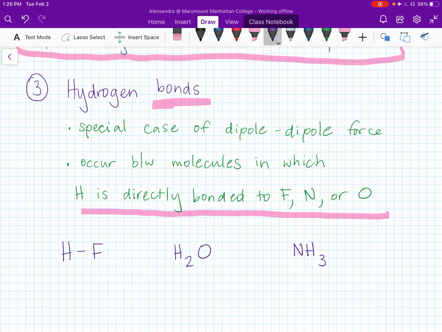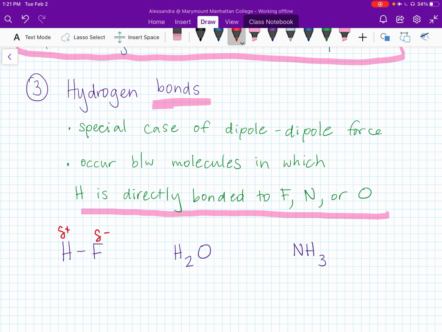So the reason for this is that fluorine, oxygen, and nitrogen are extremely electronegative. And what happens is that in that bond, because of the extreme electronegativity of fluorine, for example, hydrogen's share of the electron pair in the bond is so small that hydrogen essentially appears as an isolated H plus ion.